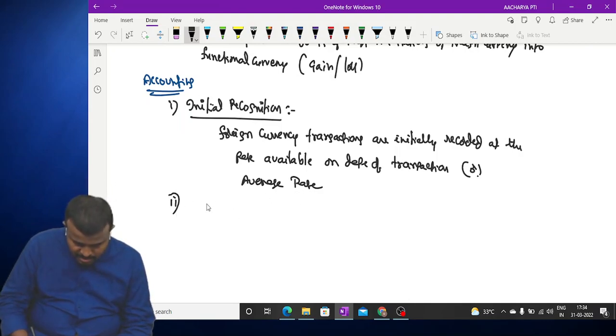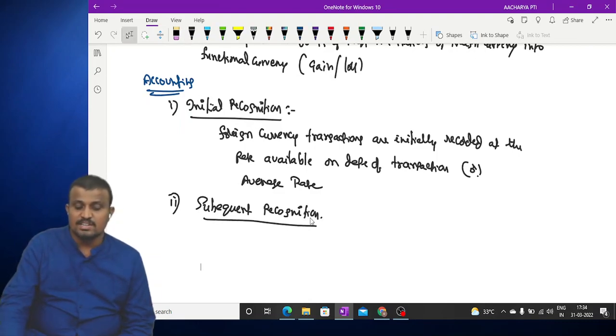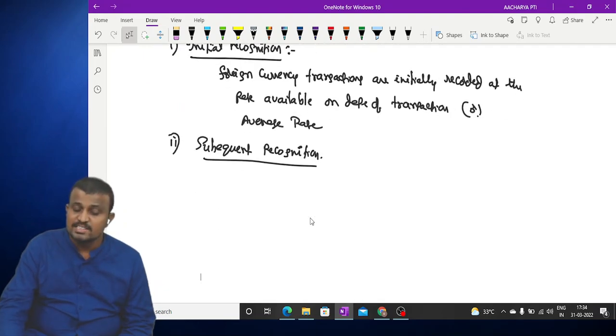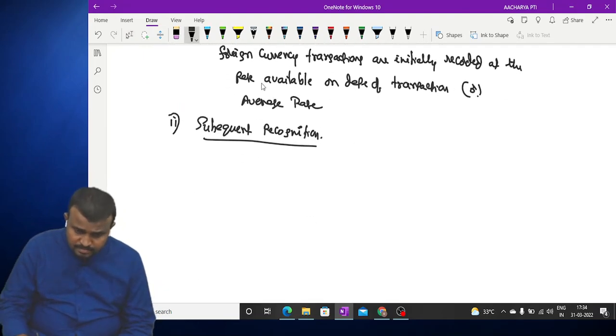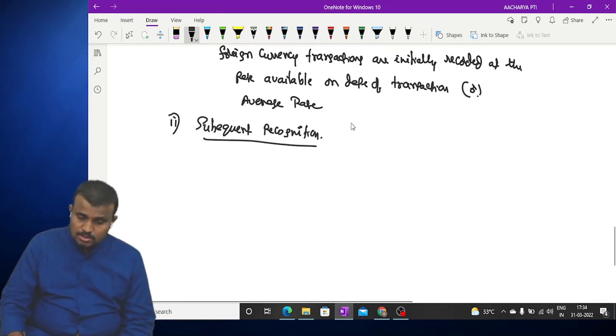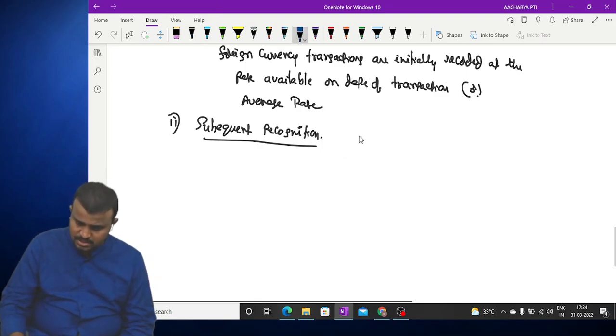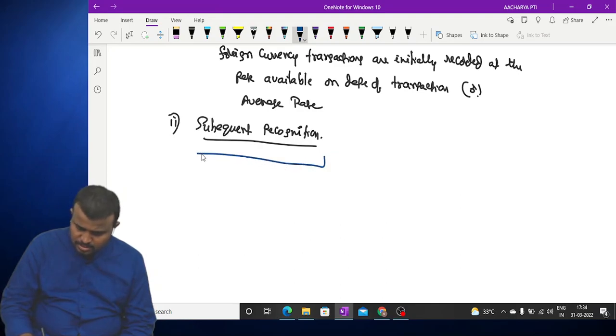Then coming to the subsequent recognition, how to recognize in the subsequent period. For this purpose, the total assets and liabilities are classified into two types.